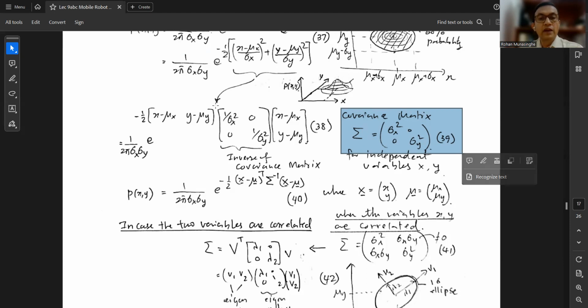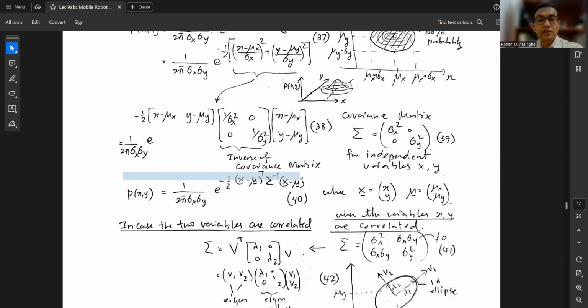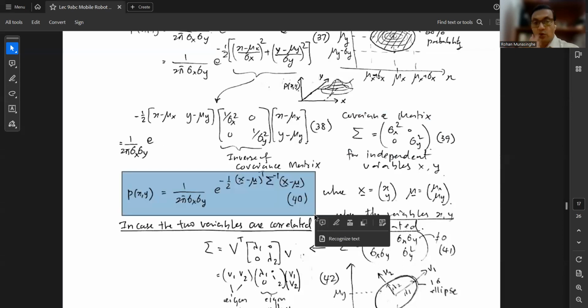This is the covariance matrix. Now, what you have in your system is actually not the covariance matrix, but 1 over the covariance matrix, right? So that is the inverse of the covariance matrix. With that, you can write equation number 40, right?